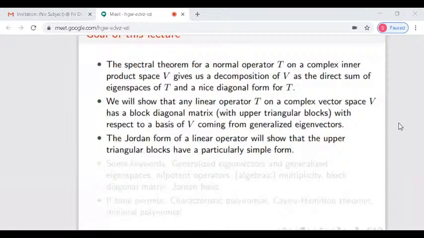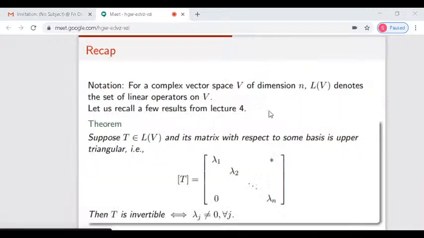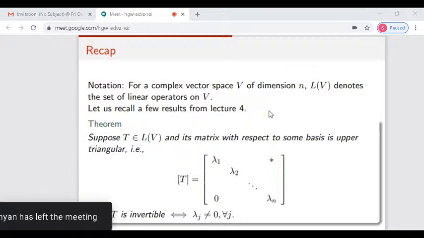So having established that, let us recall some results from lecture 4, yesterday's lecture. Suppose T is a linear operator on some vector space V, and suppose its matrix with respect to some basis is upper triangular. That means it has this form: everything below the diagonal is 0, and you have these elements lambda on the diagonal and some stars above. These could be any entries. Then you saw that T is invertible if and only if lambda j is not equal to 0 for every j.